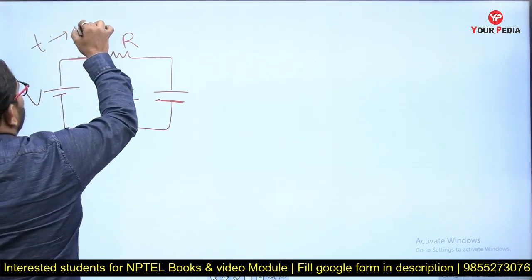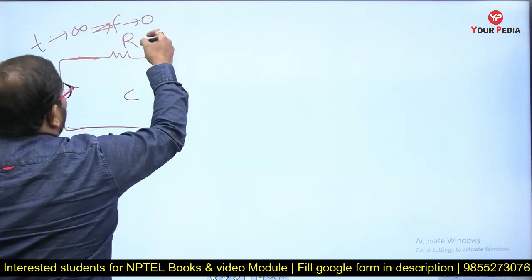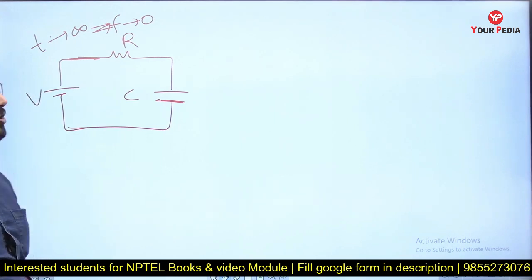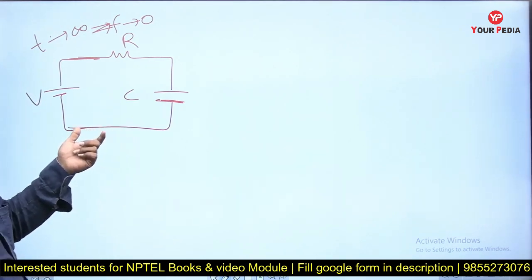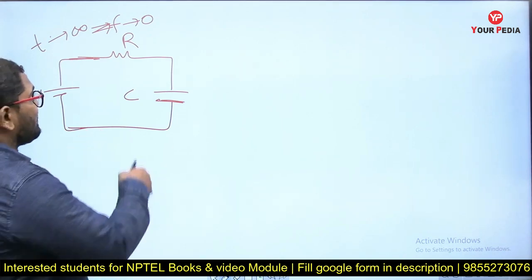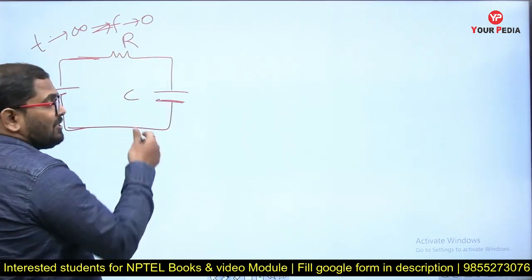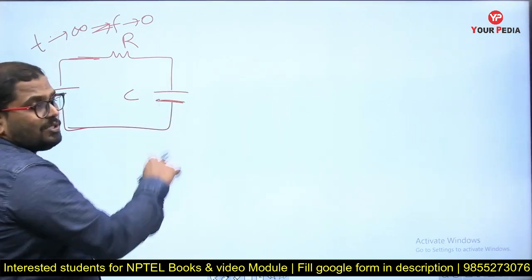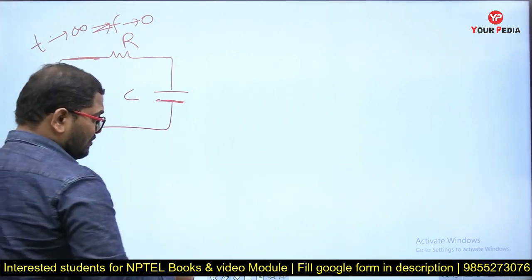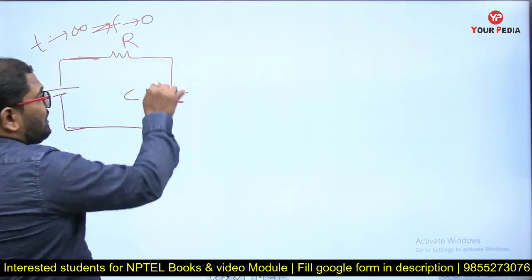As time tends to infinity, frequency tends to 0. So when frequency tends to 0, how much reactance does the capacitor offer? It is 1 by omega C. As frequency is 0, the reactance offered by this capacitor is infinity, so it acts as an open circuit, and there won't be any current flow in the circuit.